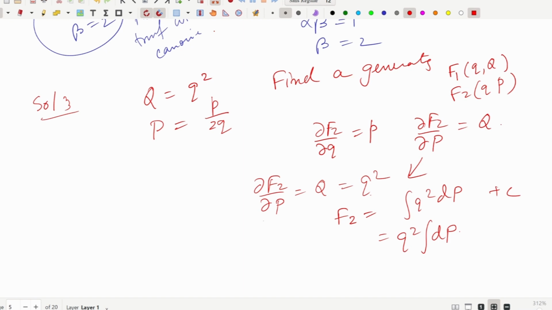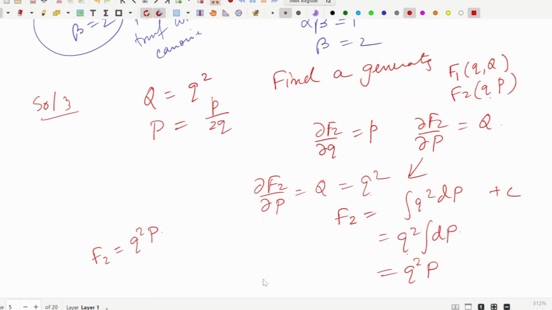For example, if you are trying to find f2, then small q and capital P are independent, so small q square can be outside. So, this will be q square P.